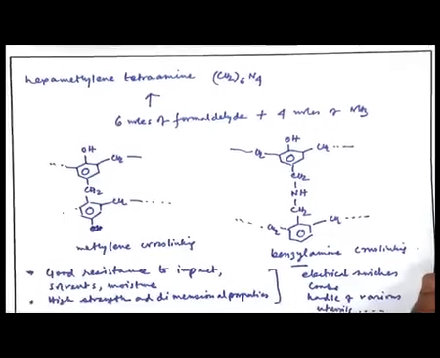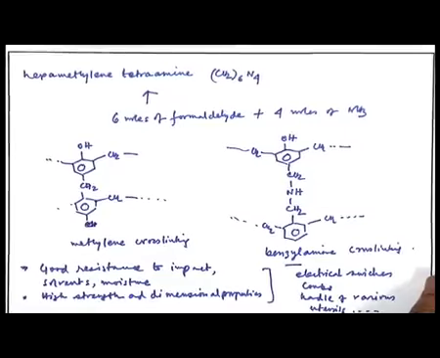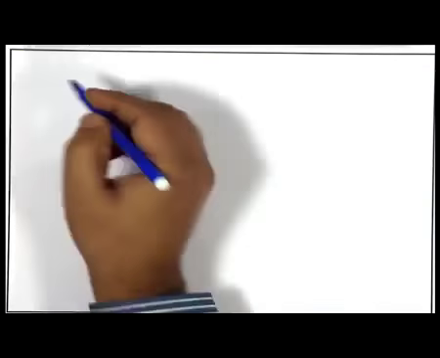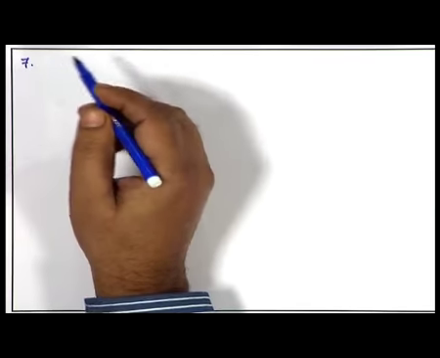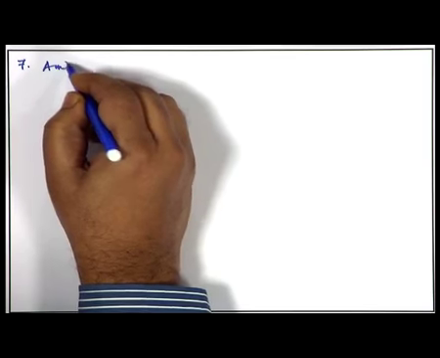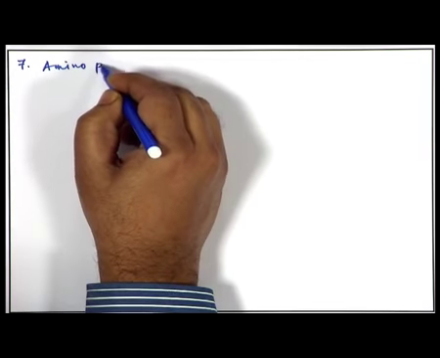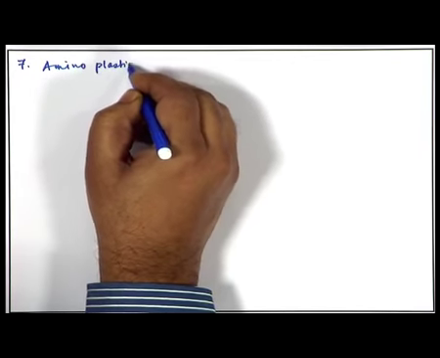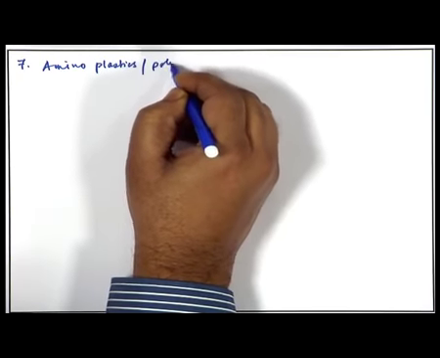So these are phenolics, which, as I said, result from a reaction between phenol and formaldehyde. We will quickly move to the next one, which is aminoplastics or polymers.